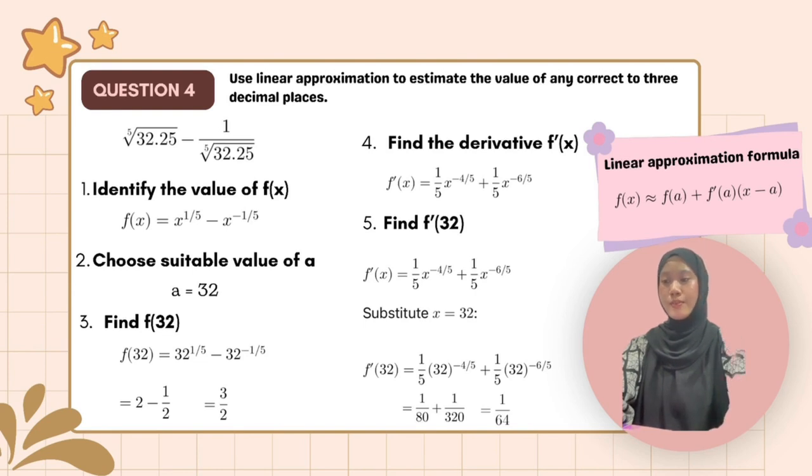Fifth step, we have to find f prime(32). That means we have to substitute again x equals 32. f prime(32) equals 1 over 5 times 32^(−4/5) plus 1 over 5 times 32^(−6/5), equals 1 over 80 plus 1 over 320, equals 1 over 64.